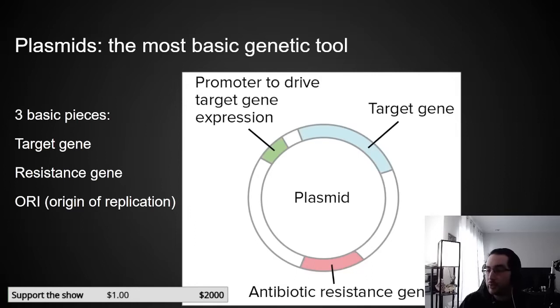The last thing that's really important is an origin of replication. Now, this gets a little weird in, say, mammalian cells or even yeast cells because they handle this differently. But in bacteria specifically, and especially E. coli, every plasmid has what's called an origin of replication.